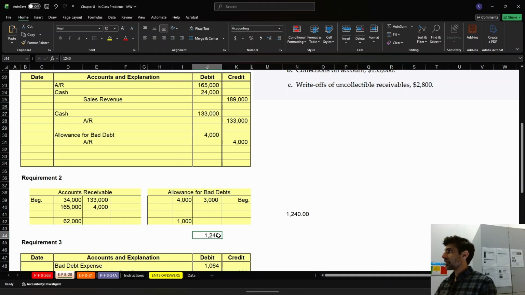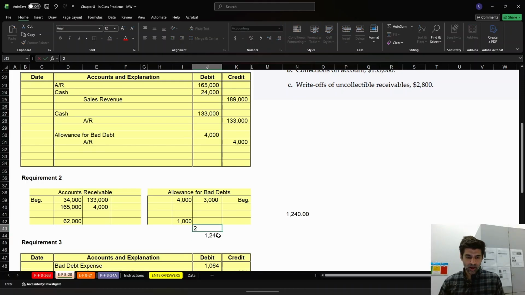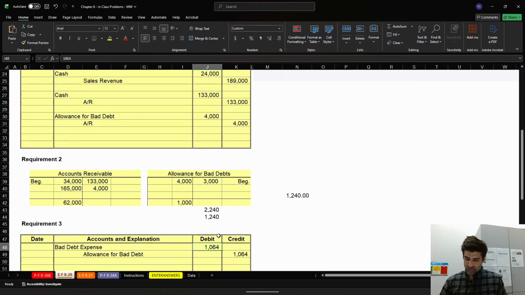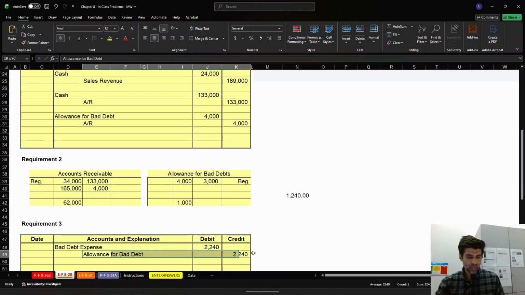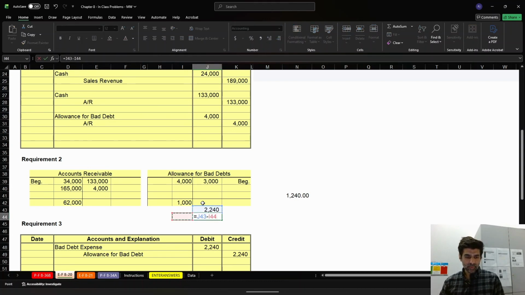The allowance for bad debt. Exactly. We need an adjusting entry of 2,240. So we'll change this to 2,240. Again, if this is our existing balance, we then have this credit of 2,240. Our new balance is this minus this, which is what we wanted.